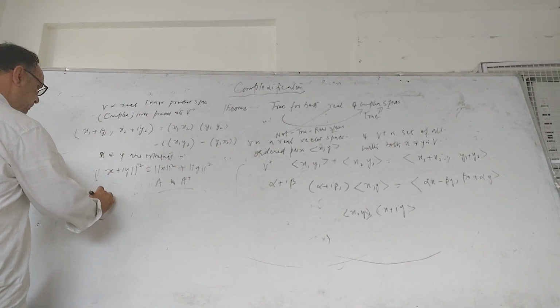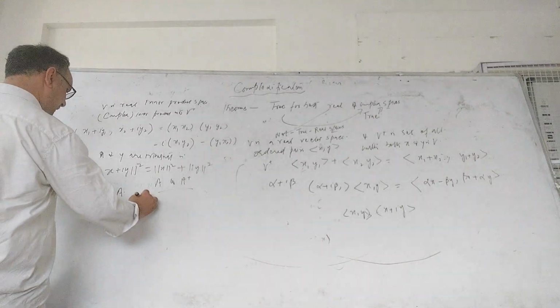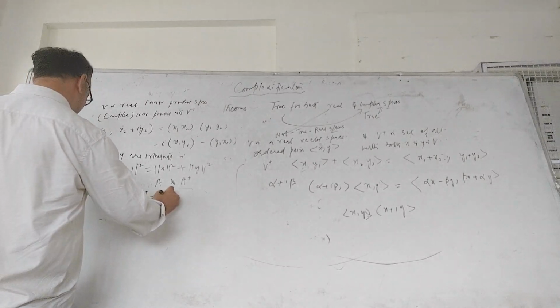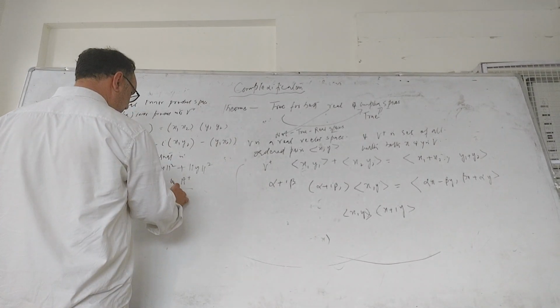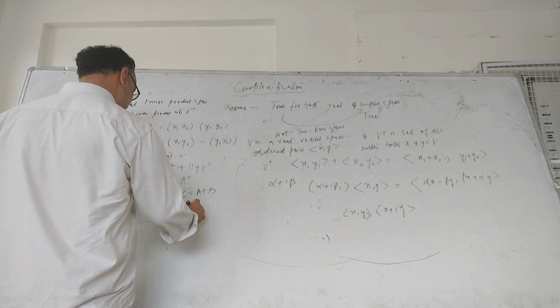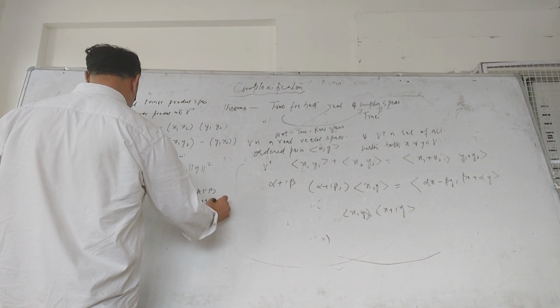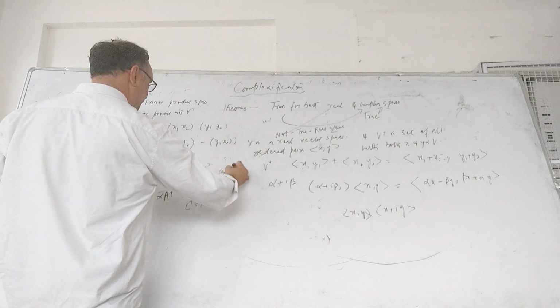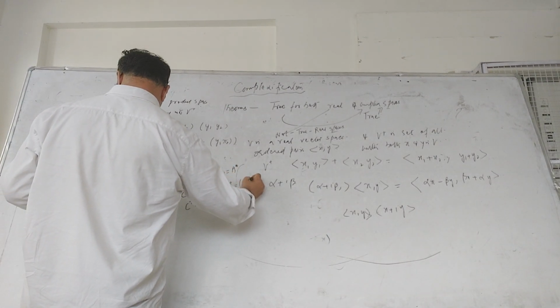Like that, B is alpha A, where alpha is the scalar, and alpha A plus C gives A plus B, C plus is A plus B plus, and B has properties of this, and B plus has properties of A plus.